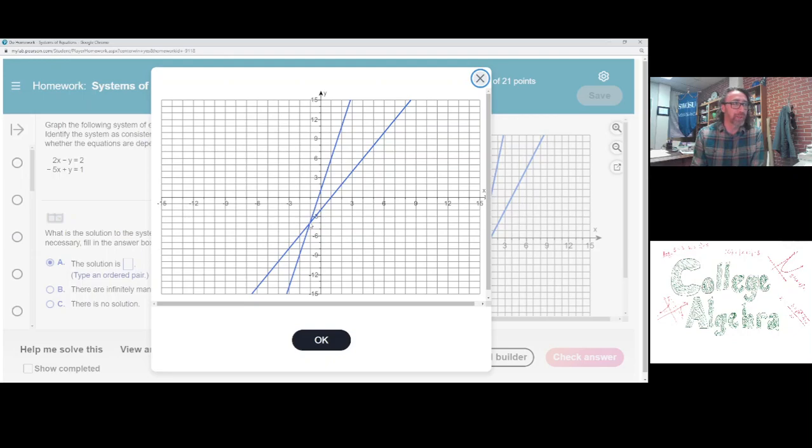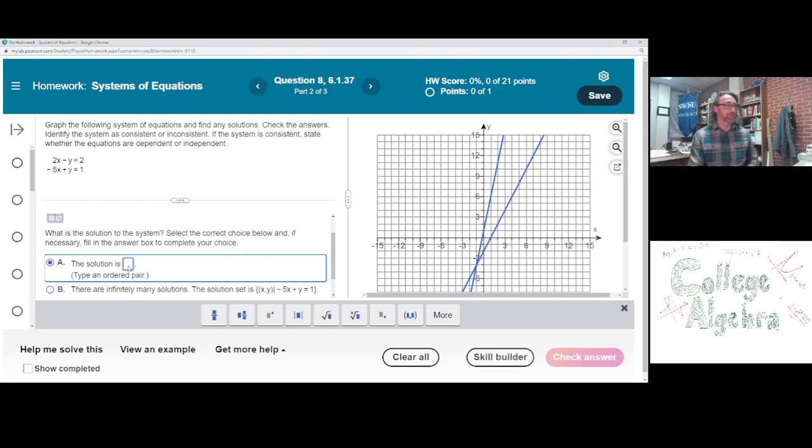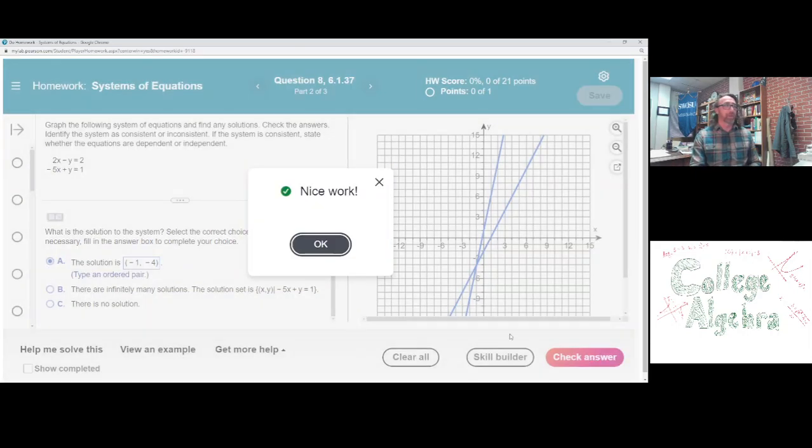We can see that point is -1, -4. So the solution is -1, -4. Check answer. Okay, great. So we have a graphical method for solving systems. Or you could say that solving a system tells us something about the graph.